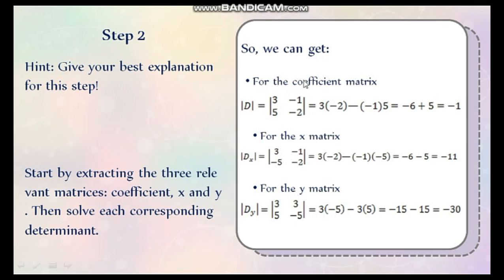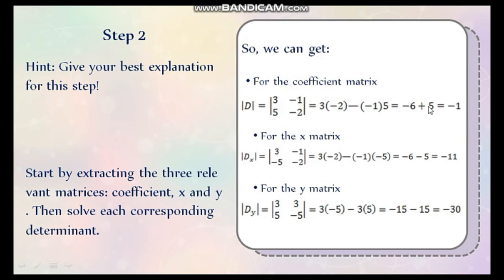First, for the coefficient matrix, determinant D equals the determinant of [3, minus 1; 5, minus 2], equals 3 multiplied by minus 2 minus minus 1 multiplied by 5, equals minus 6 plus 5, equals minus 1.